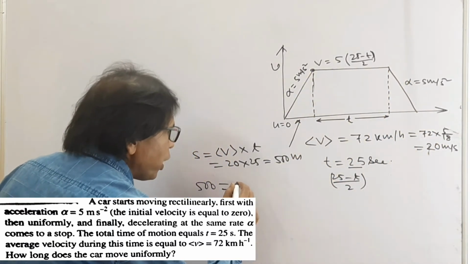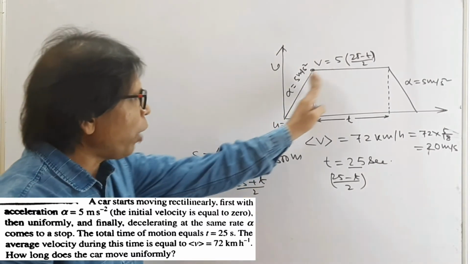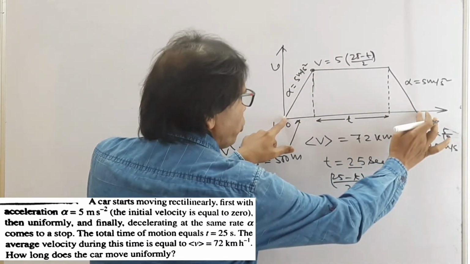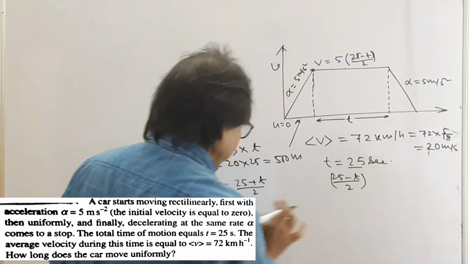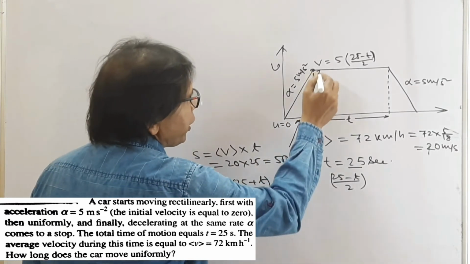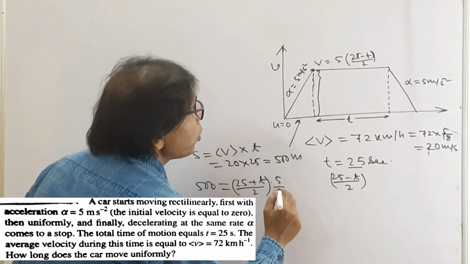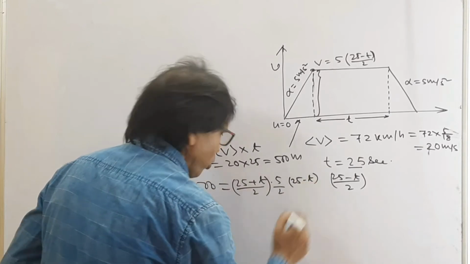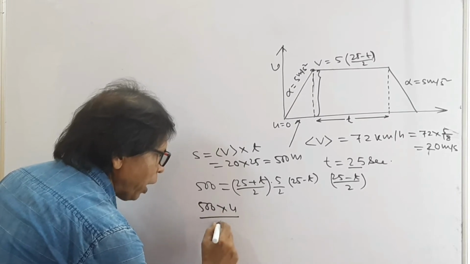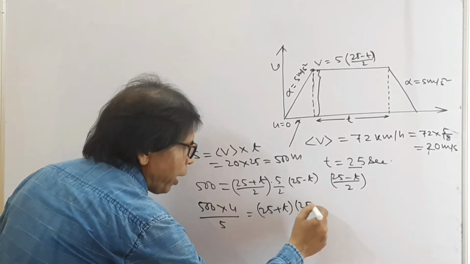So the sum of parallel sides is (25 plus t) by 2, into the distance between them, which is v, and v is 5 by 2 into (25 minus t). So 500 into 4 divided by 5 equals (25 plus t) into (25 minus t).